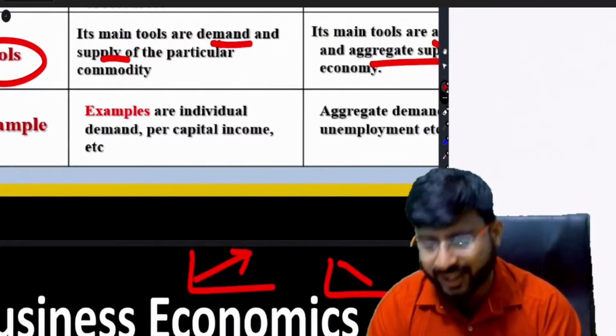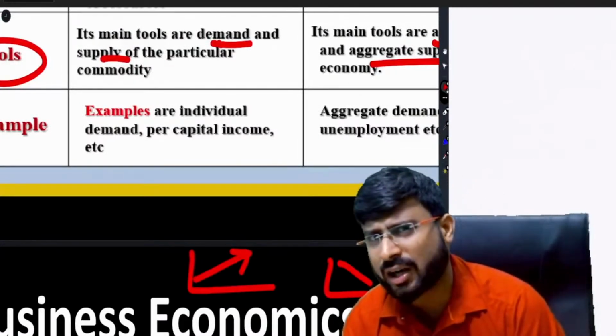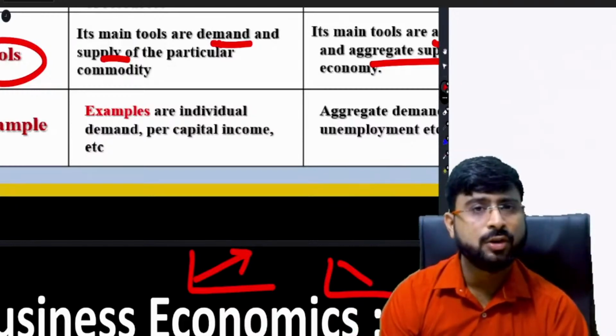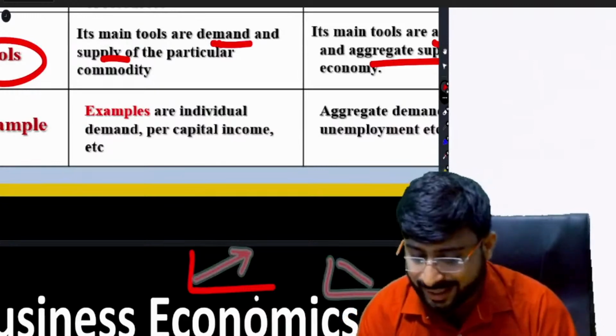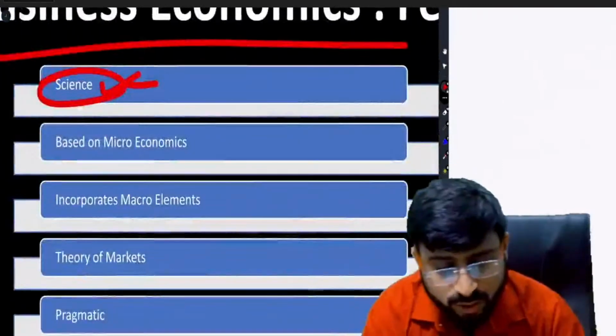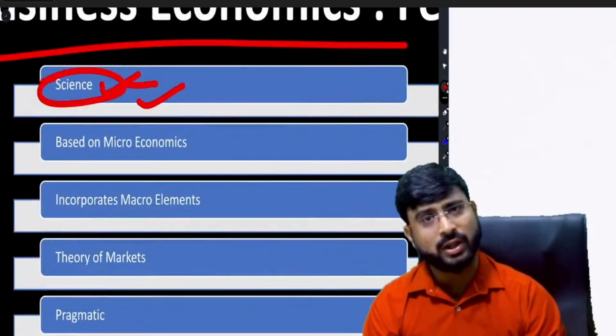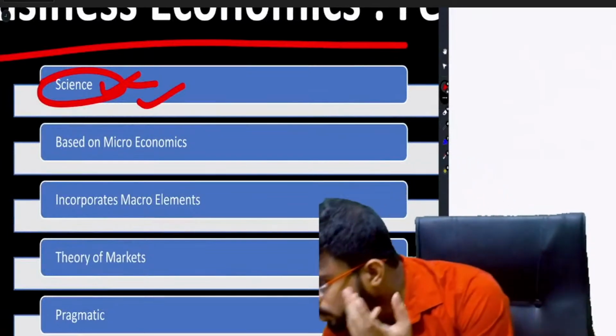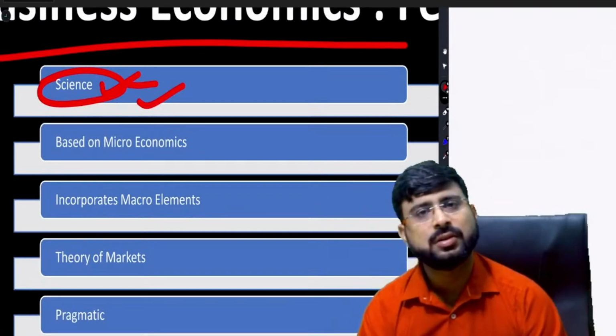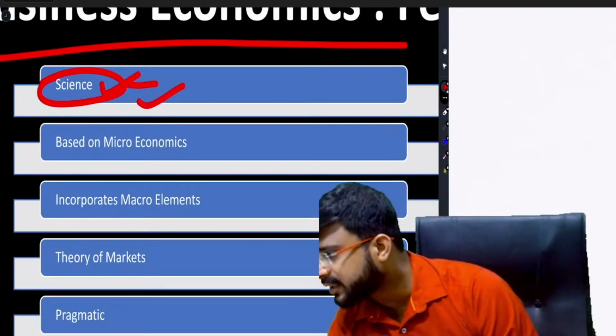If it's constantly falling, it will be like this. Will the company make the graph or not? Yes, it would, which is a concept of statistics. And this is why, just like science, business economics is also a systematized body of knowledge. It also uses the concepts of maths and statistics. It is also based on certain principles. Right, sir? You are correct.